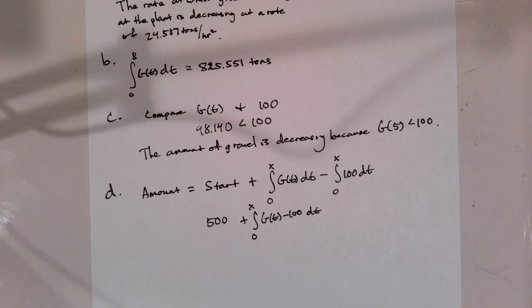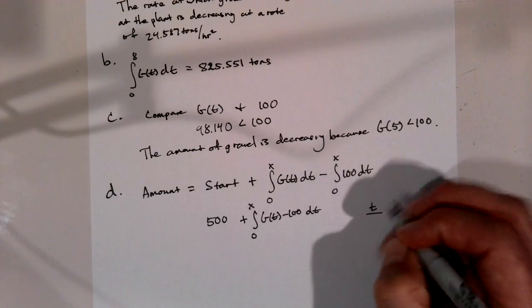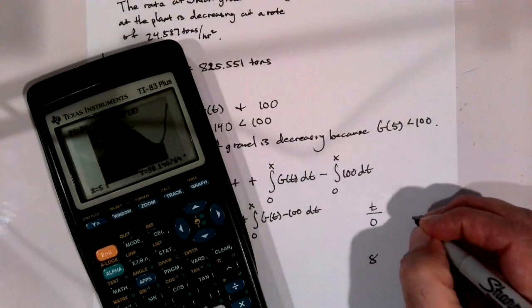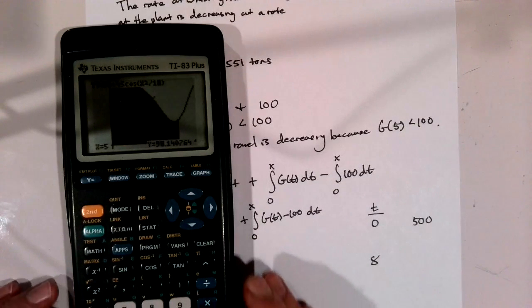So that's the amount. First of all, we need to check the endpoints. So we're going to check time equal to 0 and 8. At 0 it's 500. We'll check at 8.